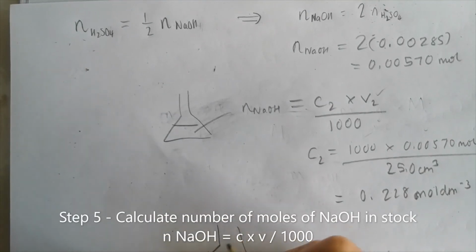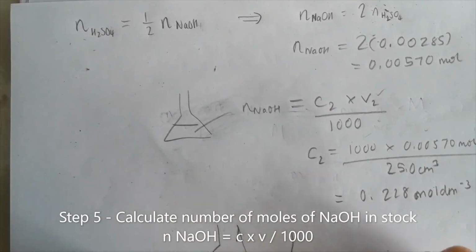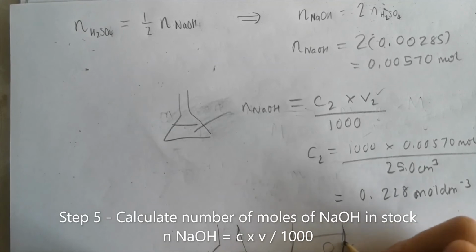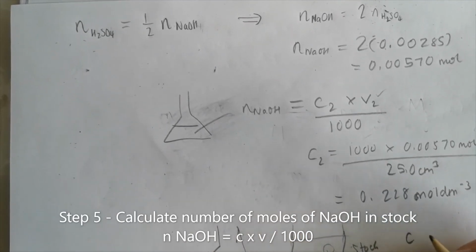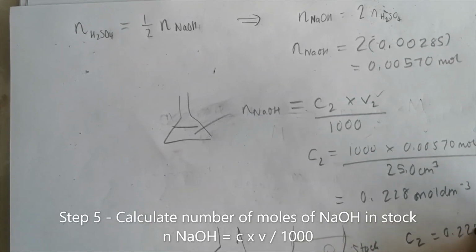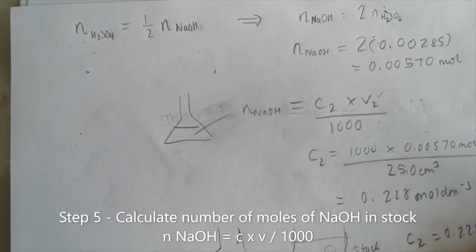That was the concentration in the conical flask, but we know that it's exactly the same concentration in that sample that we had originally. The stock solution that we had has the same concentration, C2, but it has a much larger volume of 200.